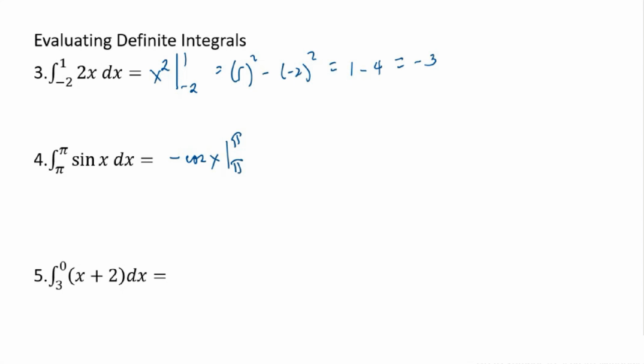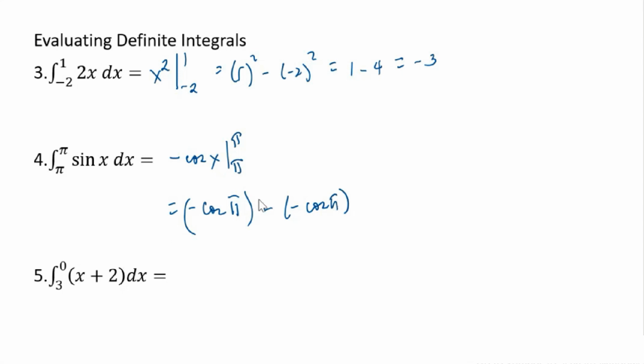But for the sake of computation, we will just use substitution. We have negative cosine x, and we replace x by pi. So we have negative cosine pi, minus the negative of cosine pi.